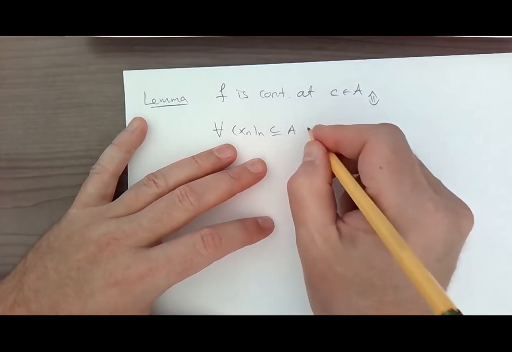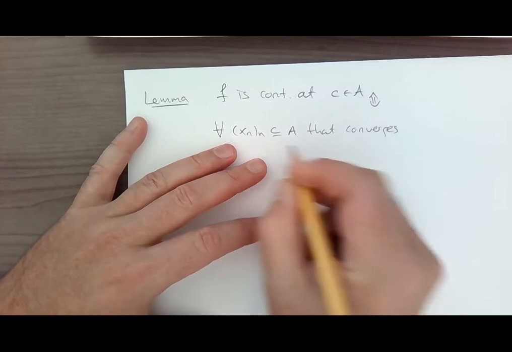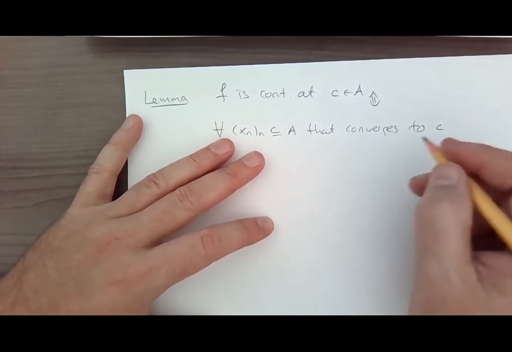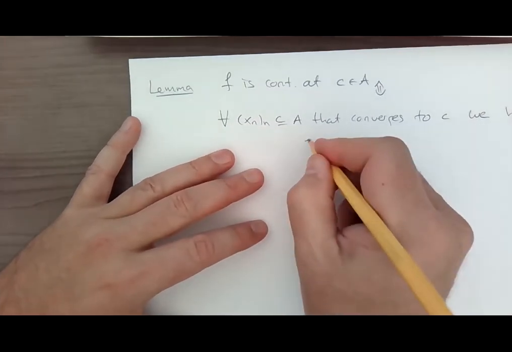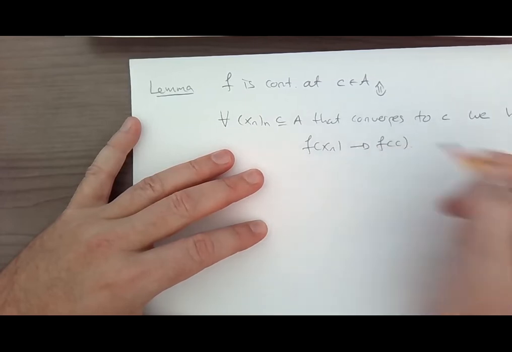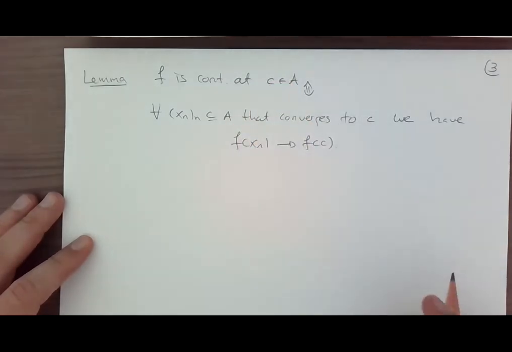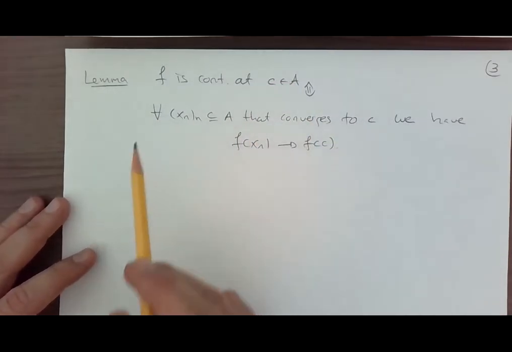For any sequence inside the domain that converges to C, we have that the function values converge as well. So you can characterize continuity simply by taking sequences that converge, and it has to be true for any one of them.